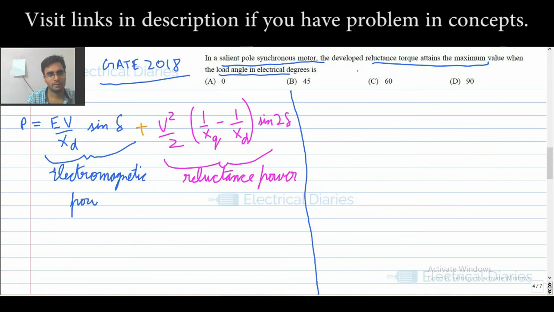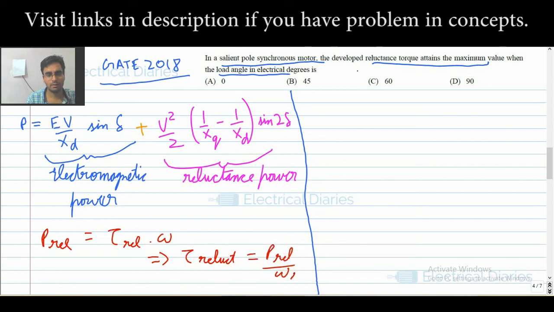In this question, what is asked is when the reluctance torque attains the maximum value. This is the reluctance power expression. So let me write it: P reluctance will be torque reluctance into the speed. So torque reluctance will be P reluctance by omega.